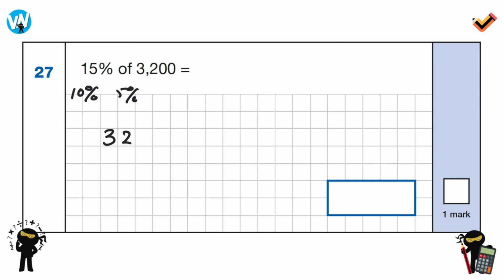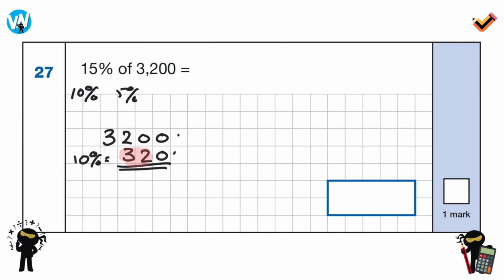So the first thing I'm doing is finding 10%. So that's 320. Fantastic. So I'm happy with that. Make a little note, 10%. There we go. All right, so I've got 10%. Now all I need to do is find 5%, which is just halving 320. Again, known facts: we should know what's half of 32.